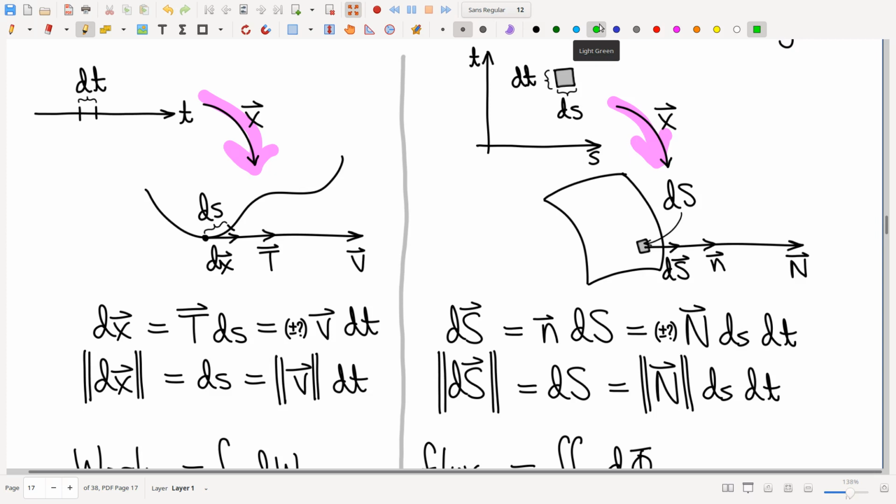What's the first thing we do with a parameterization of a curve? Well, we talk about a derivative. What's the first thing we do with a surface parameterization? Well, we take various partial derivatives, from which we get our capital N vector.